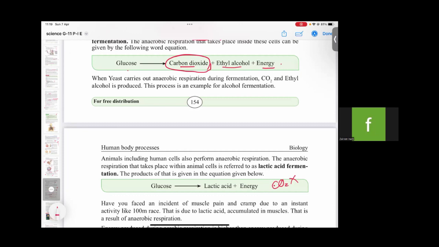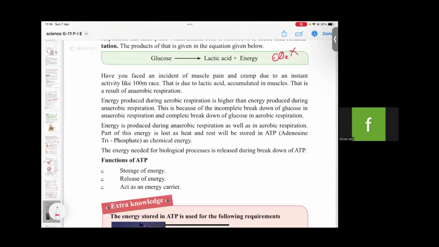Okay, I told about the cramps. And you know, you always have to remember the aerobic respiration produces more energy than the anaerobic respiration. It is because there will be incomplete breakdown of glucose in anaerobic respiration.